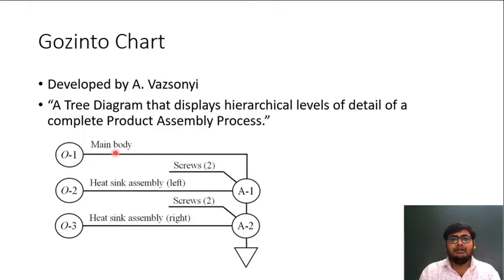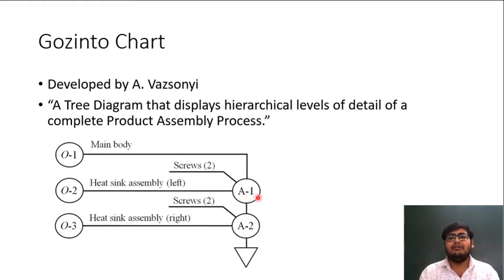On the main body, we need to fasten two screws, and on the main body we will fasten this part O2, which is the heat sink assembly, on the left side. All three components, main body, heat sink assembly on the left side, and two screws will make a sub assembly A1. So this shows how to make sub assembly A1.